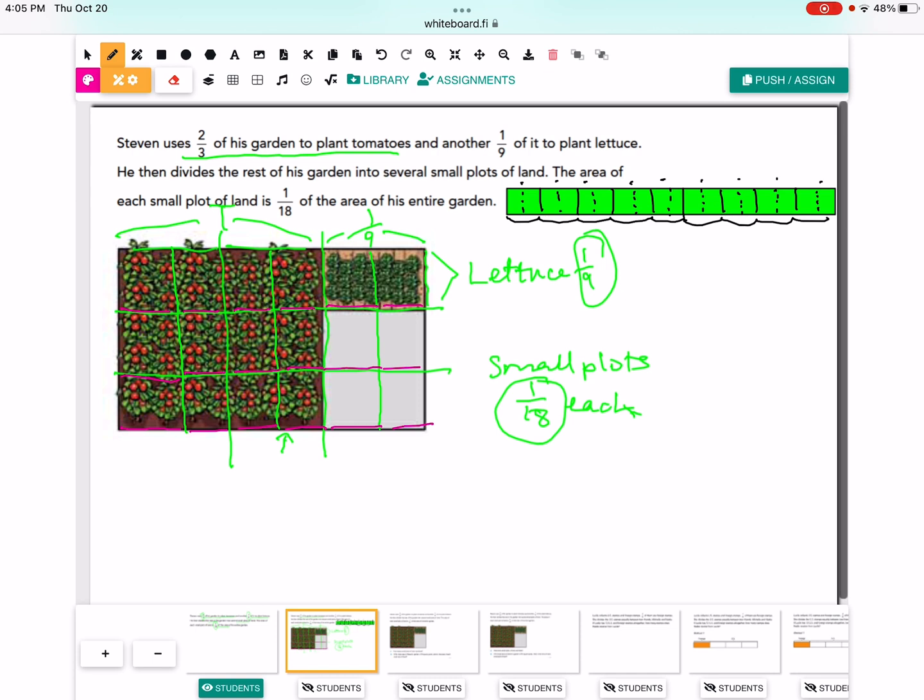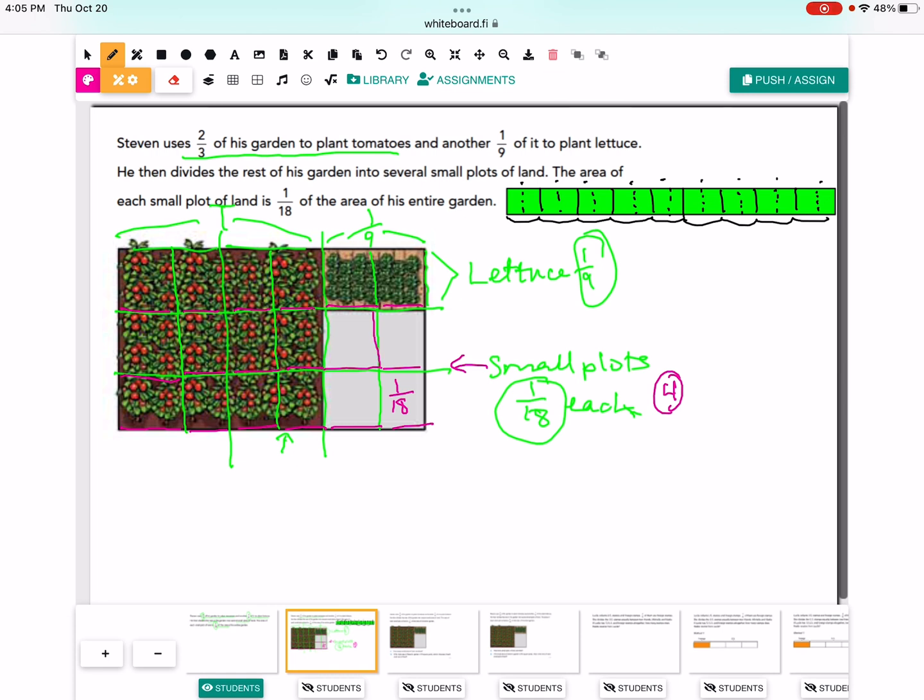So if each of the small plots is 1/18 each, and I've just put 18 pieces on my entire garden, I can see that there are 4 small plots. Now, I have not actually seen what the question to this particular problem is yet, right? I'm looking at just the drawing and I'm seeing what do I know from the drawing.